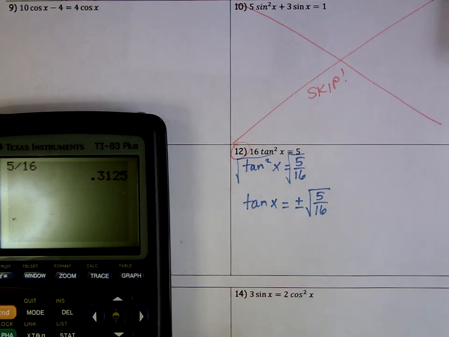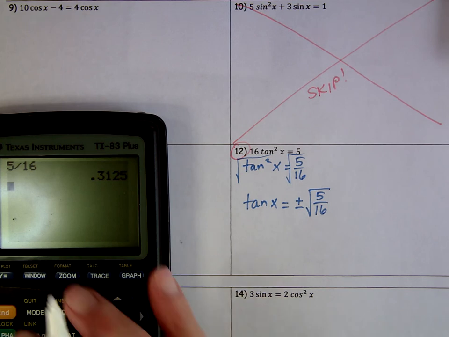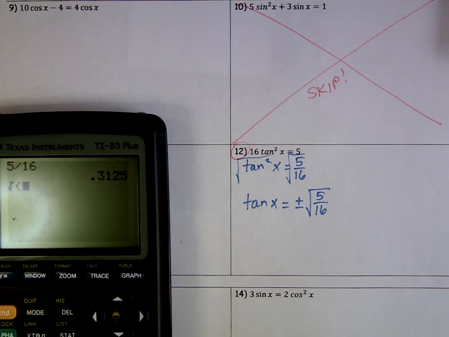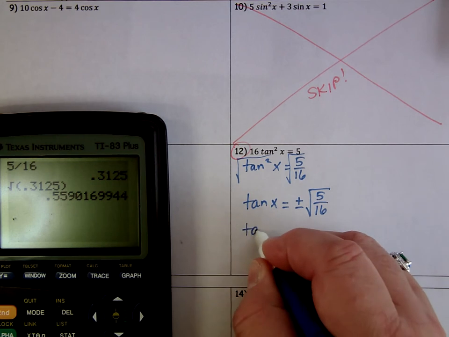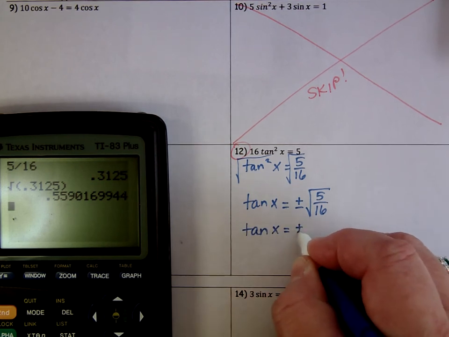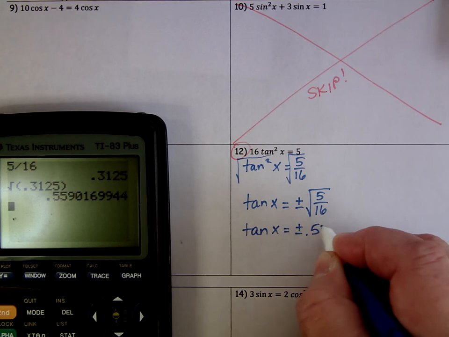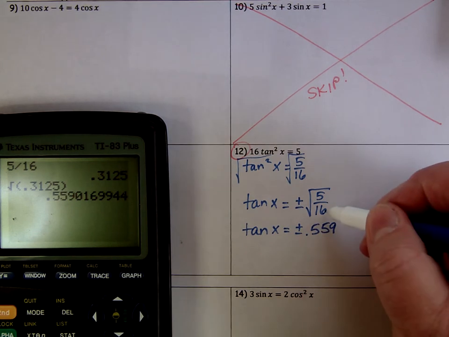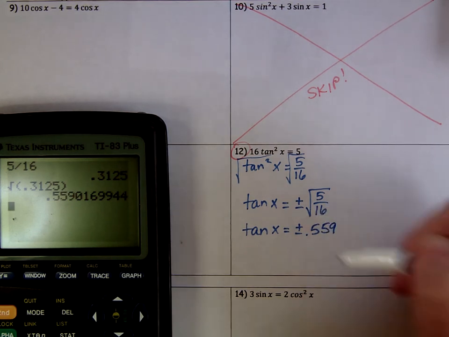So I'm taking the square root of 0.3125, and I get 0.559. So here's what I have now. The tangent of x equals plus or minus 0.559. I took 5 divided by 16, I took the square root of it, that's this number.